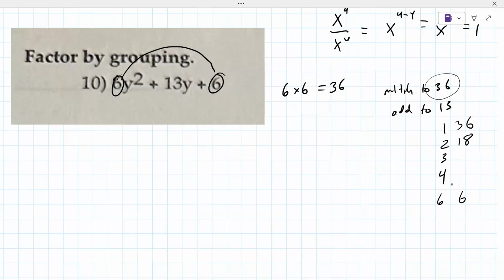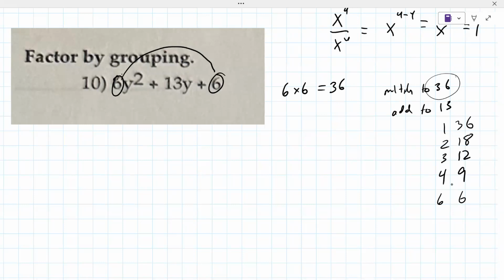And you're welcome to use a calculator. Don't feel like you've got to do this by hand. 3 and 12. Okay. How about 4 and 9?